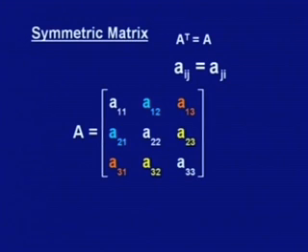So, if I have a square matrix A, then this matrix will be symmetric if A21 is the same as A12 and A31 is the same as A13 by the definition, and A32 is the same as A23.